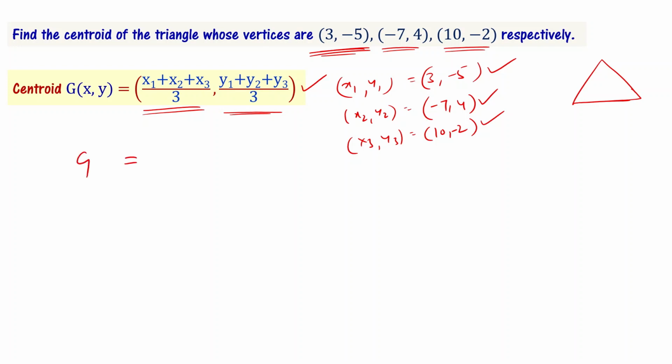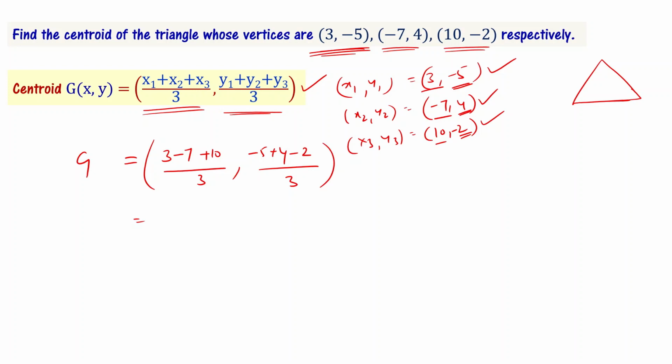Centroid Z is defined as x1 plus x2 plus x3, that is 3 plus minus 7 plus 10 divided by 3 comma y1 plus y2 plus y3 divided by 3. It means this is minus 5 plus 4 minus 2 divided by 3, right?